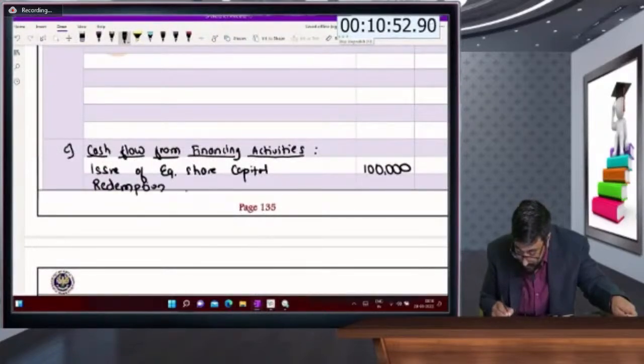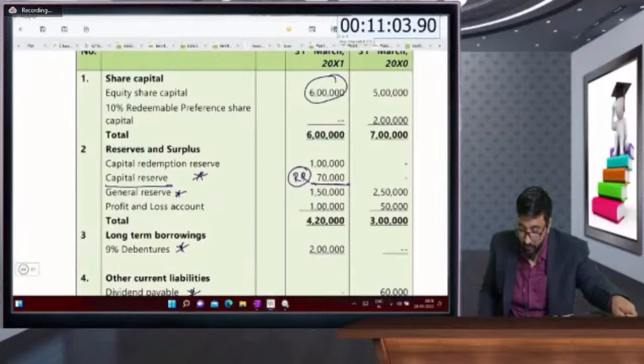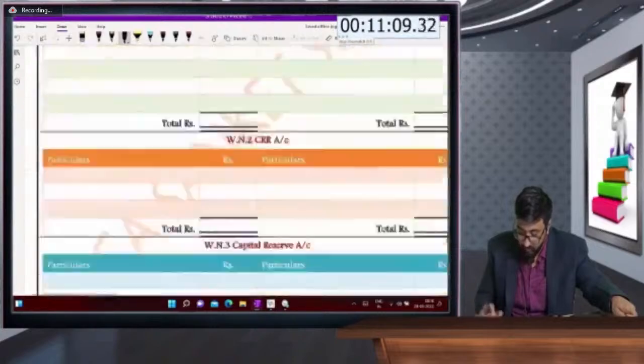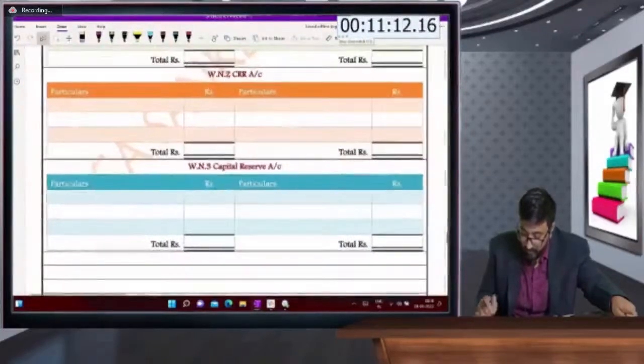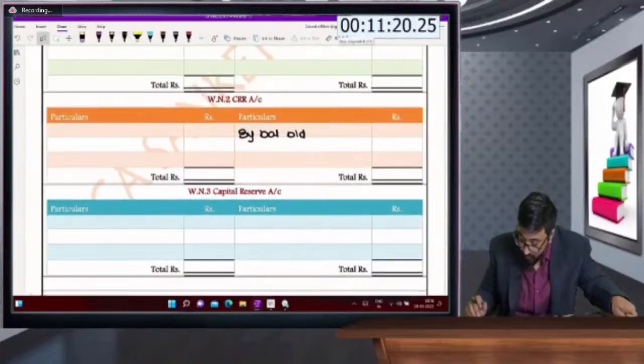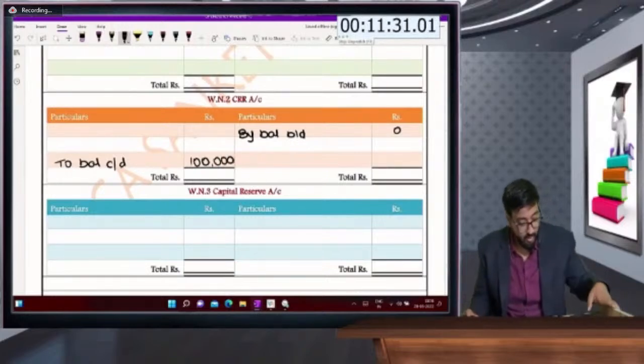So 2 lakhs became 0, that is negative 2 lakhs, and we will assume it is on the first day. Second, CRR account. By balance brought down 0, and to balance carried down 1 lakh.